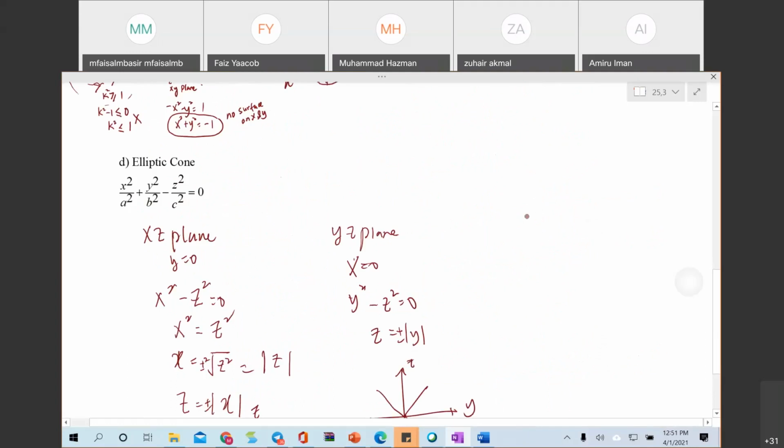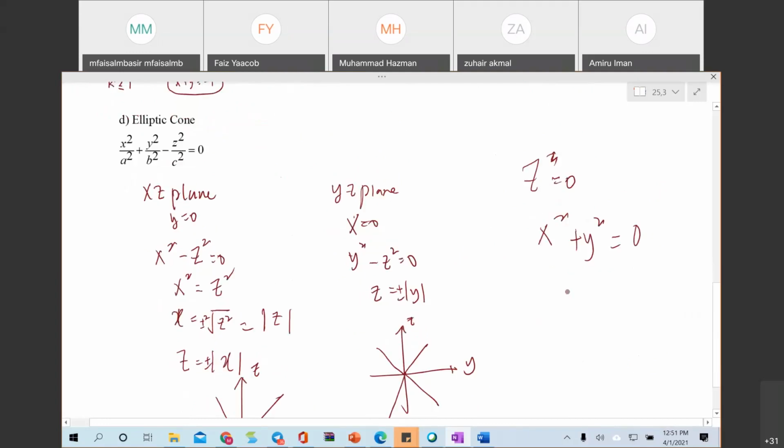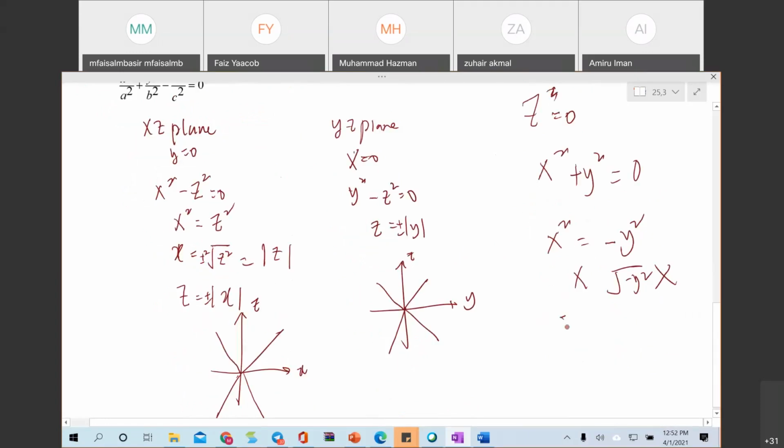So next is z0. So here we cannot solve this, right? And then x cannot be like this. It is undefined. So if like this, you have to set z equals k.